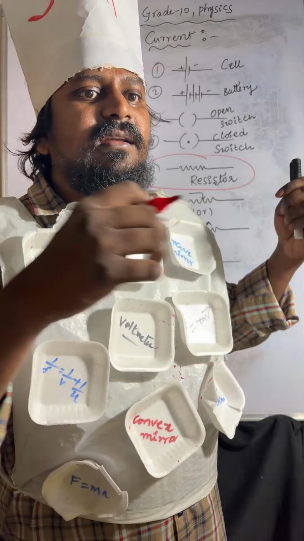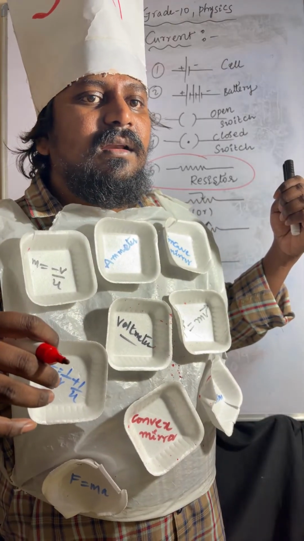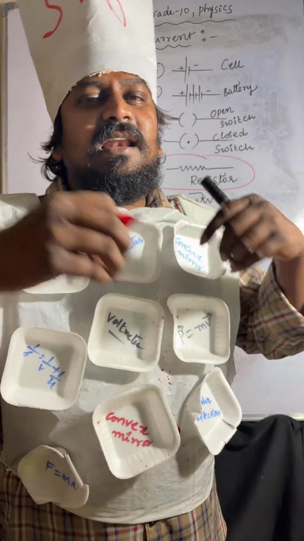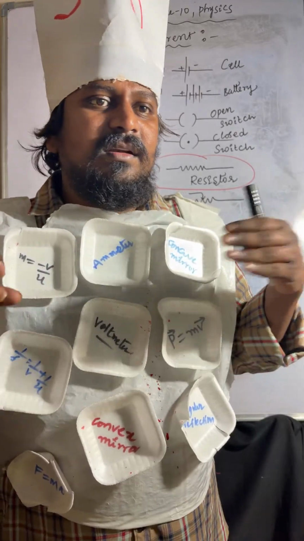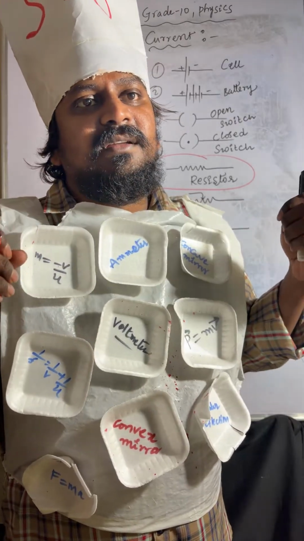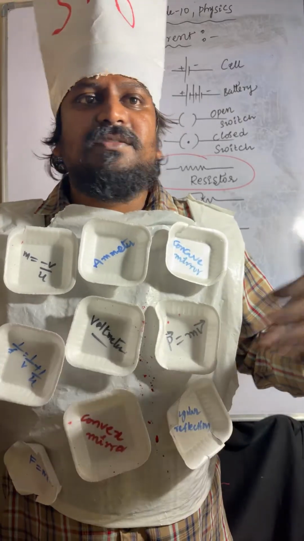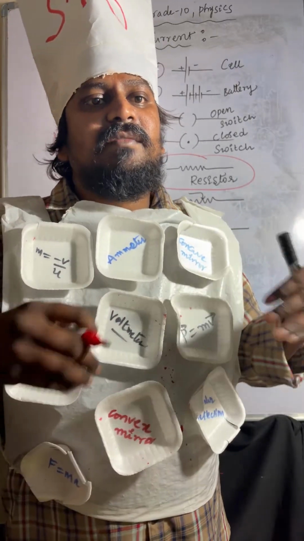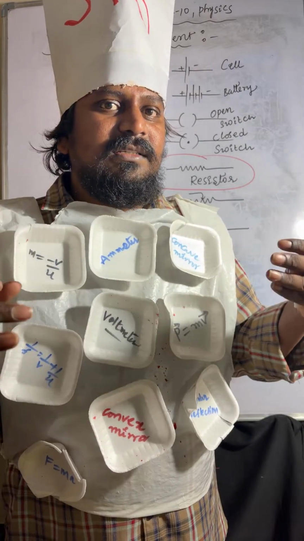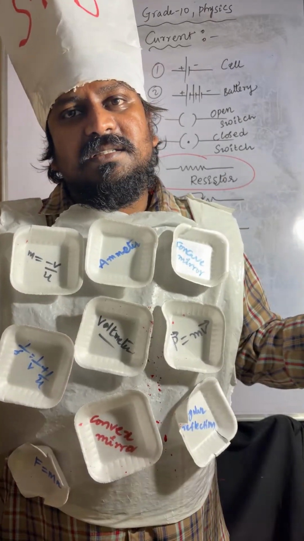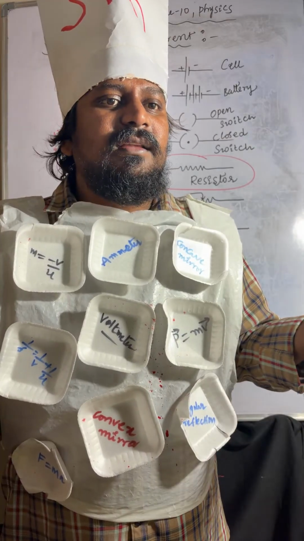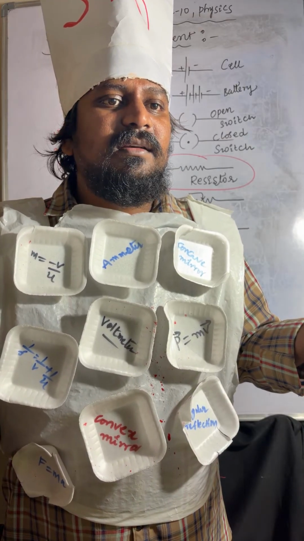In a conductor, electrons are moving, yes or no? In a closed path. There is no path like that, right?